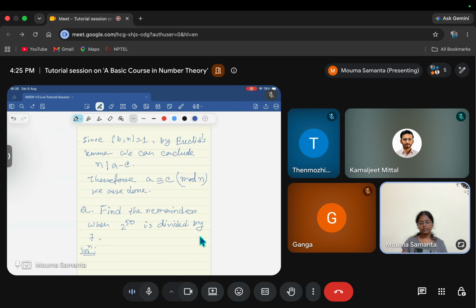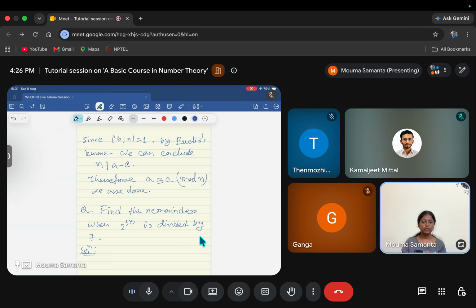So this is one of the most familiar kinds of questions, which we usually see in exams. Not only 2 power 50, they can give you some sum of powers and ask you to find the remainder when this term is divided by some large integer.